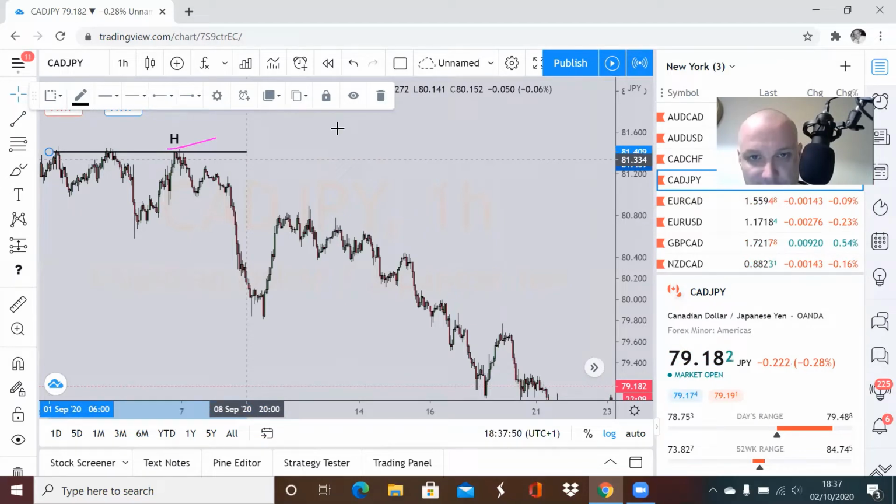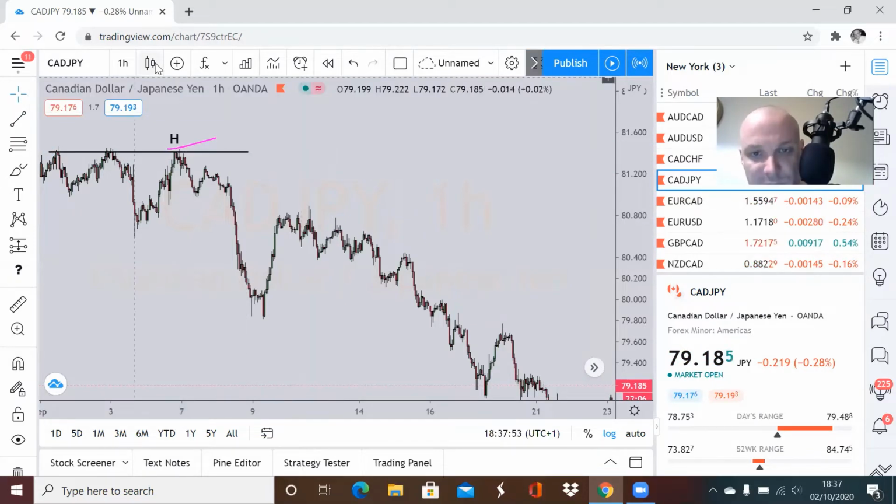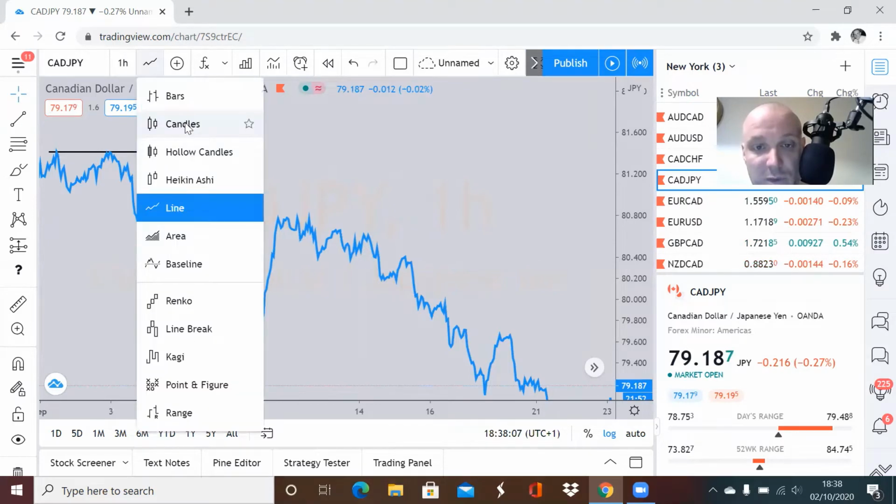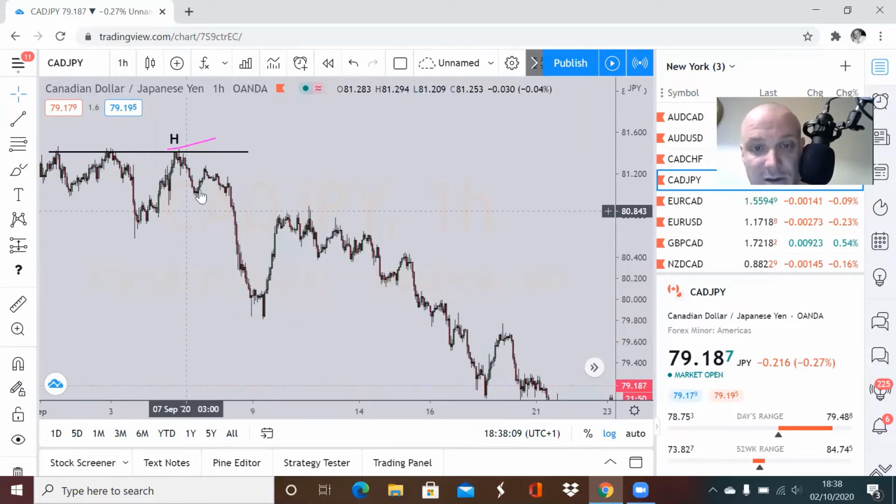So what we're going to do is go to the top here, click in and go to lines. This just eradicates all of the noise. This is going to help you identify if you had a breaker structure. Now, if we go back to the candle side, I'm just going to show you something. Would you class this as a breaker structure? You can see it's very minimal.